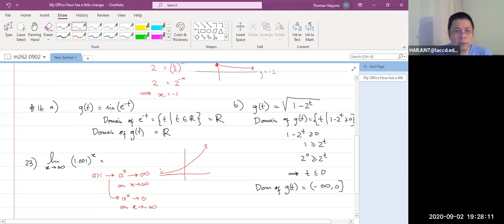When you go very far to the right, the limit will be positive infinity. Limit x going to negative infinity of 1.001 to the x is 0.